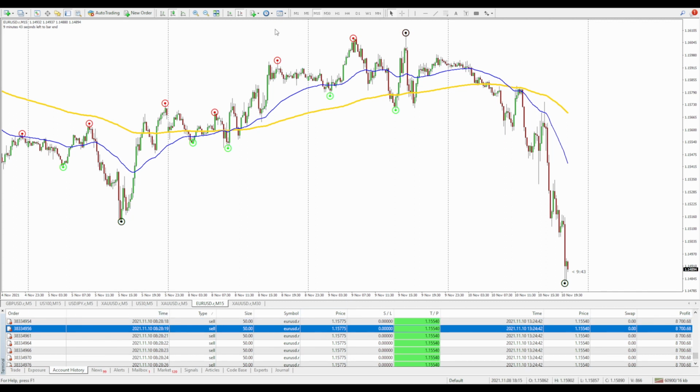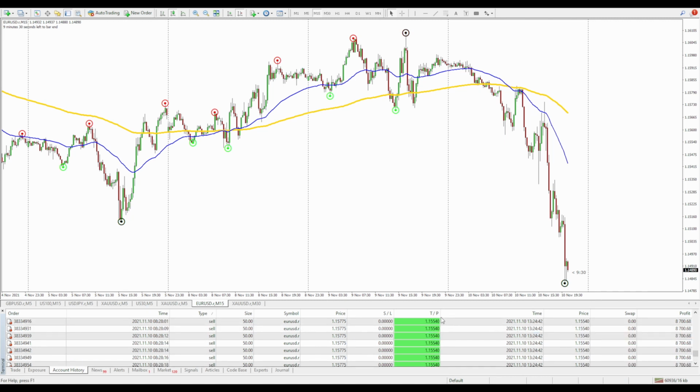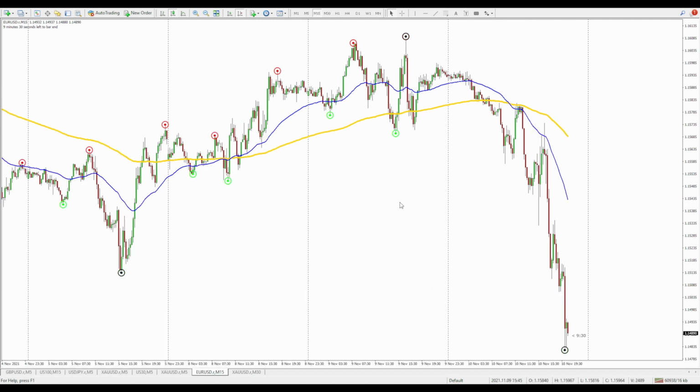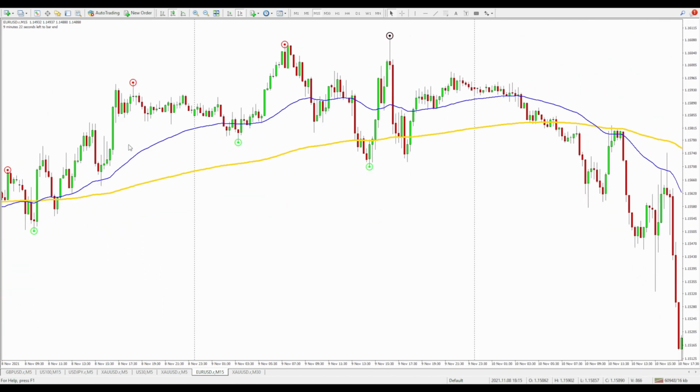So like I said, we came out with about £7,000 profit. The 70 is mainly from the gold trade I took today. Even though the Euro USD trades didn't hit my targets, we still came out with a profit.